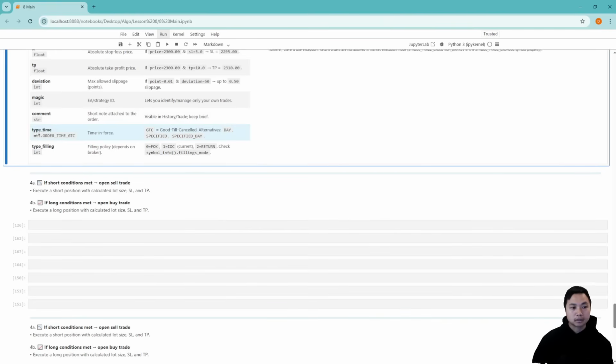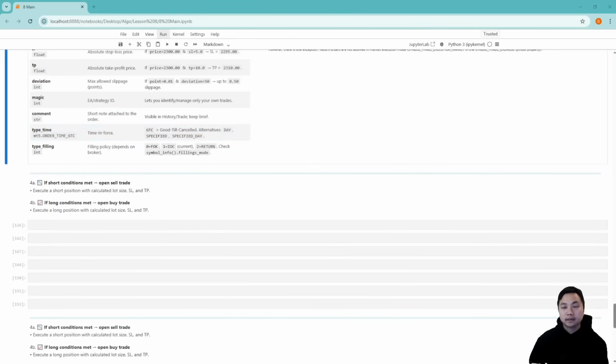And then we have the type time and also the type filling that control how long the order stays active and how it's being executed by the broker. For example, the GTC here, that is good till cancelled. Keep the order until it's executed or manually cancelled.